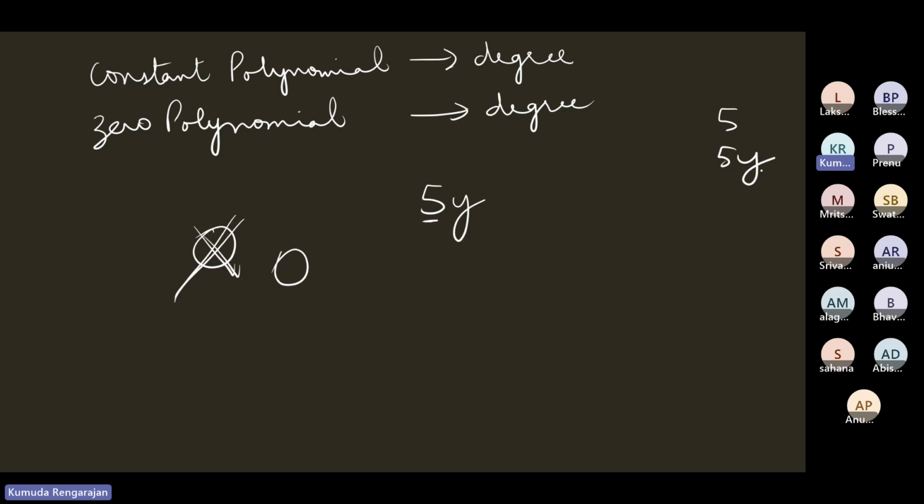So 5y to the power 0. Why? Because that means 5 into 1, which is 5 only. And what is the power of the variable? 0. So the degree of a constant polynomial is 0.